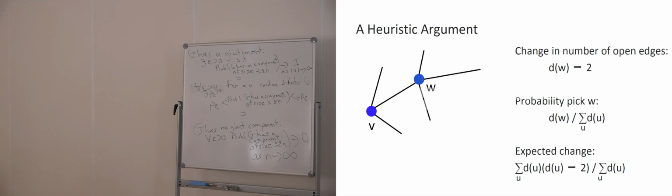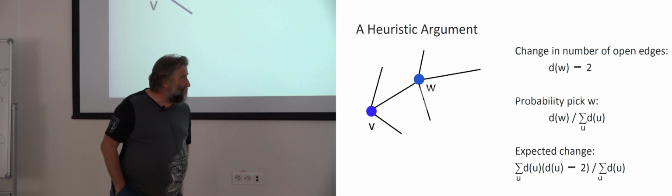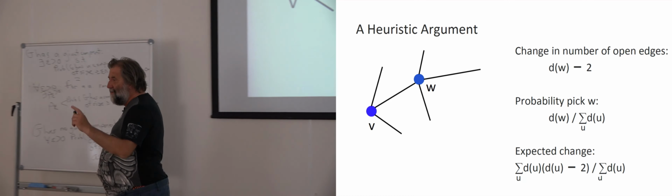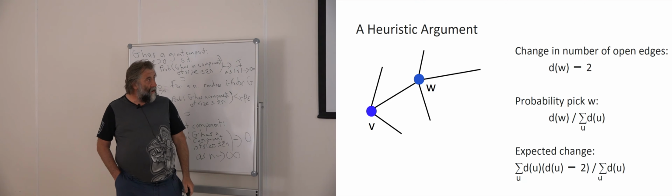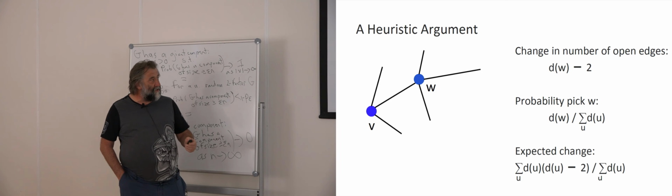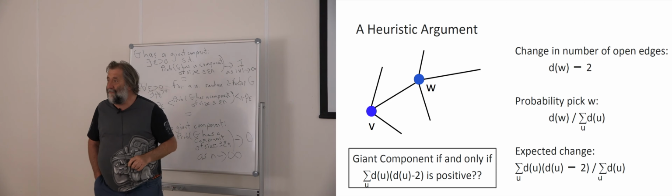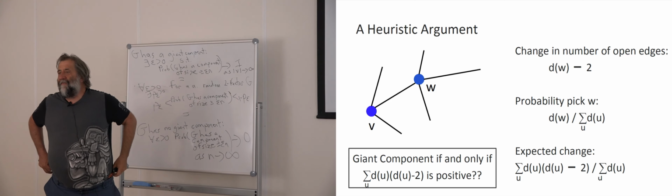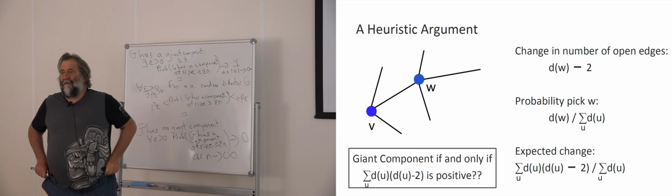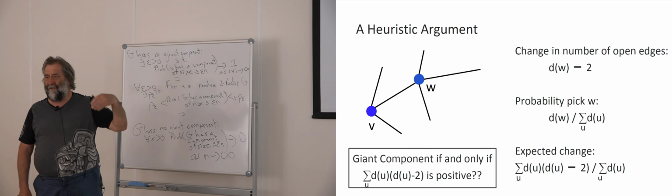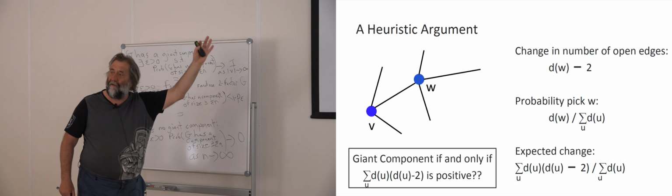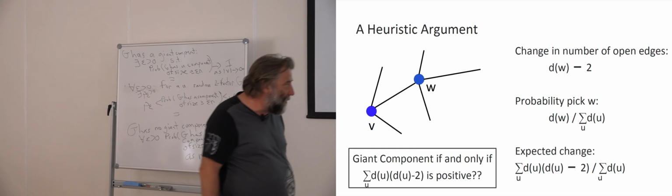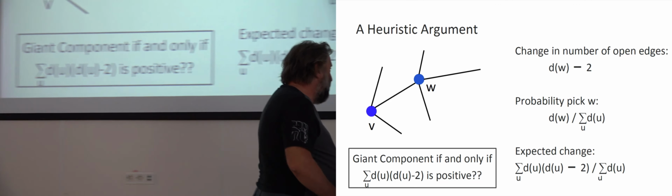It's the sum over all the vertices of the degree times the degree minus 2, and then divided by twice the number of edges, the total degree. Right? So it's a branching process. It should go to infinity if it's positive, and it should die off if it's negative. And of course, as Remco said in his talk, you don't just do this once, you do it a bunch of times. It'll die off a few times, but eventually, if this is positive, you'd expect it to blow up into a big component.